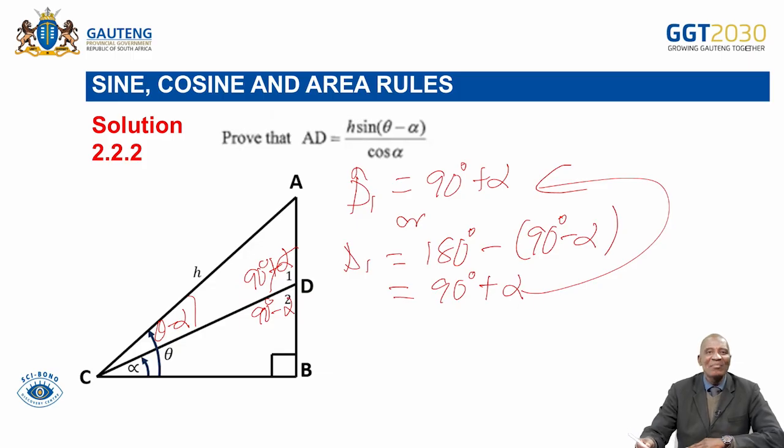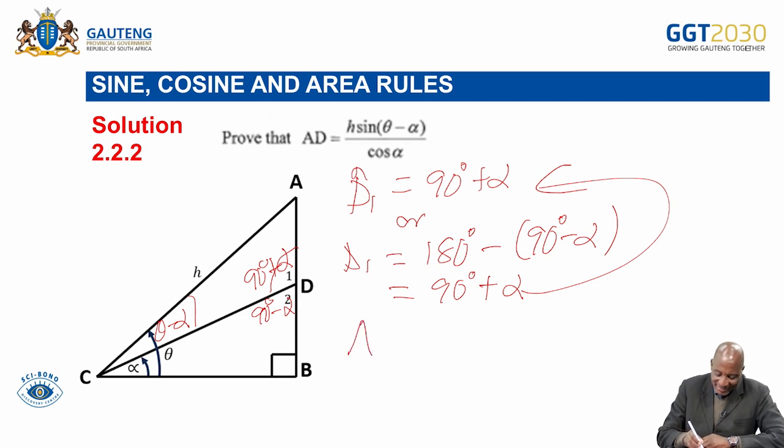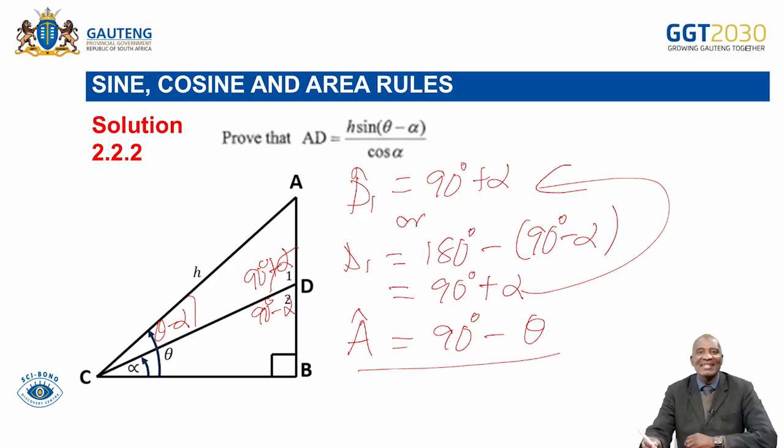Then there is only one missing angle now, which is angle A. What could be the fastest way of finding angle A? Yes, our angle A is going to be 90 degrees minus theta, sum of angles in a triangle.